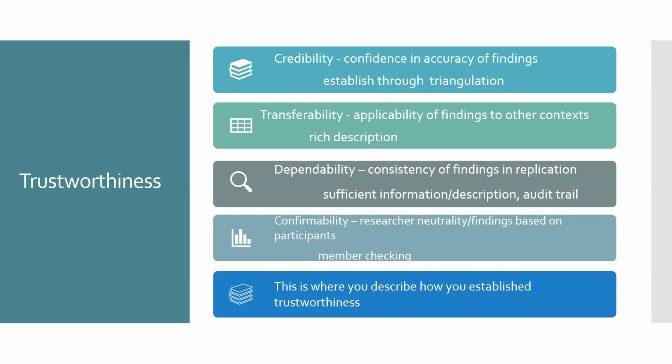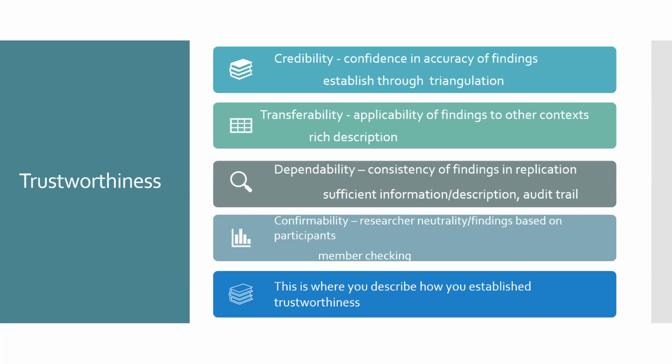Basically, how do we know that the findings, the results, are accurate? Are they applicable? Can they transfer to other contexts? Are they replicable? Do we know that the findings are based on the participants and not the researcher's opinion about things? And so you probably outlined in your methods chapter how you would establish each of these.